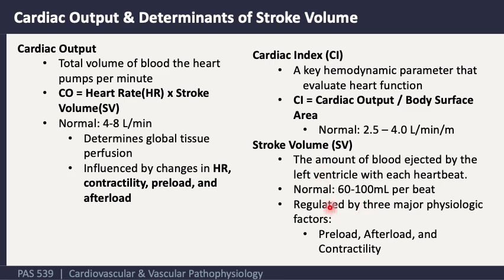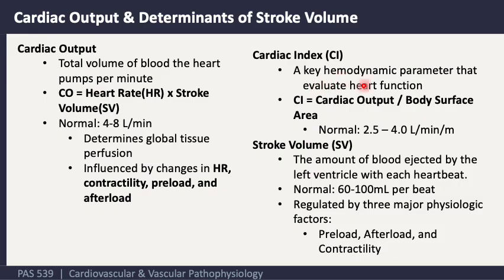With the stroke volume, it's normally between 60 and 100 mLs per beat. It is also regulated by 3 major physiologic factors, again, preload, afterload, and contractility. And then you'll also hear about cardiac index.